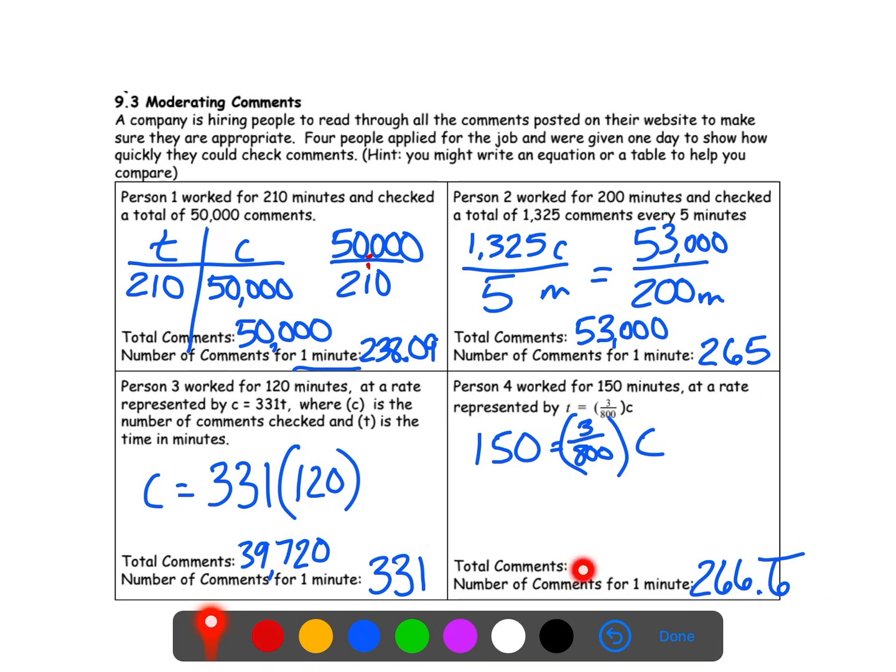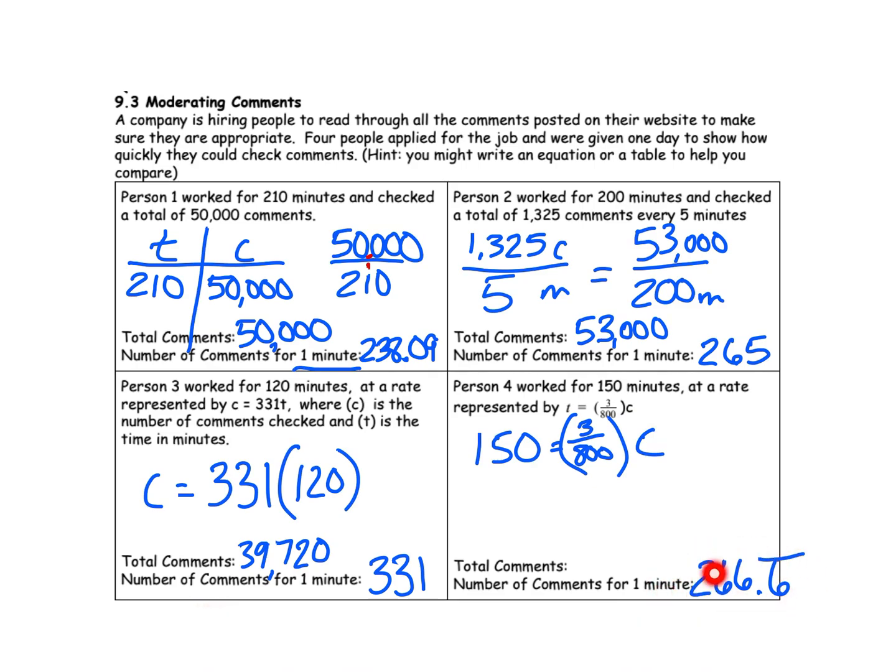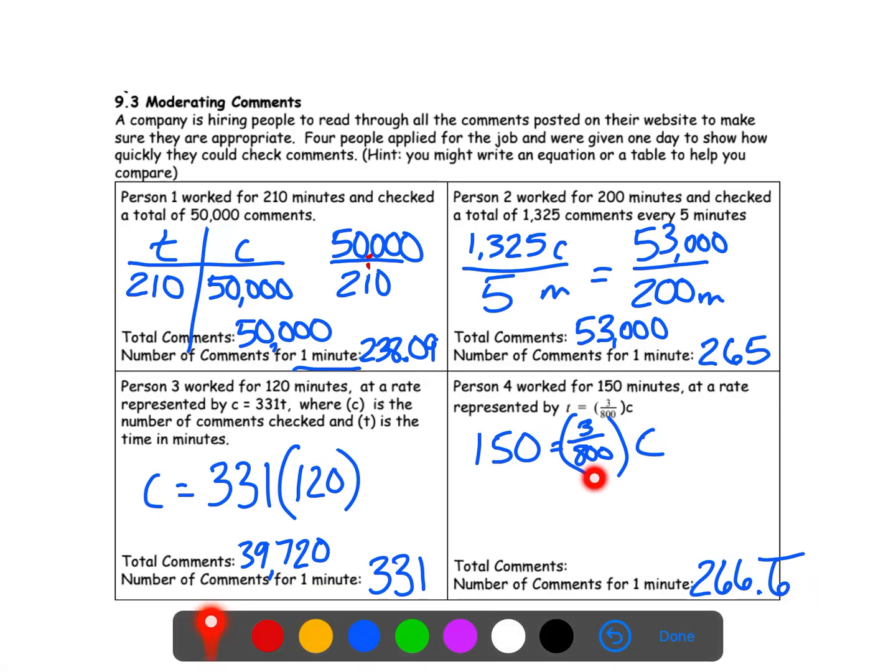Then let's find the total number of comments. That's this variable here that we don't know. So we're going to have to use this equation to find it. I can use this new constant of proportionality that I found from the one that was given in the equation, or I can use the equation. Remember, we can go back and forth in an equation just like we can in a table. So instead of multiplying something times this constant of proportionality, I'm going to divide by 3 over 800, or I could do some multiplication.